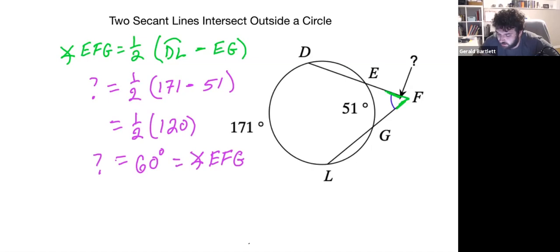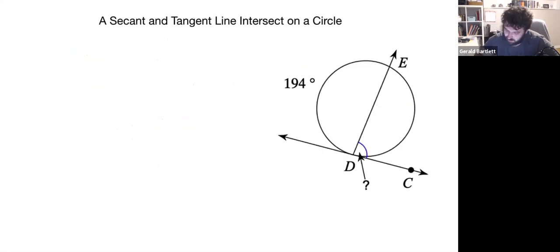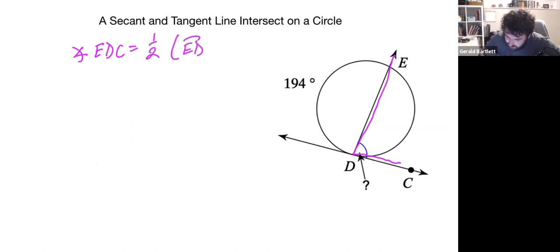All right, moving right along. I have my unknown angle as angle EDC. Now this one's a little bit trickier because what I need is to have arc ED, because that rule is going to hold true that angle EDC is still going to be half of the measure of arc ED.